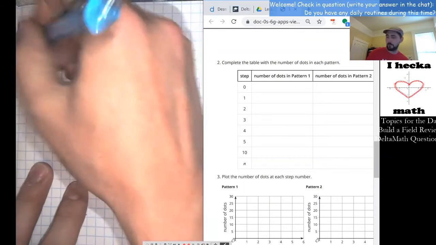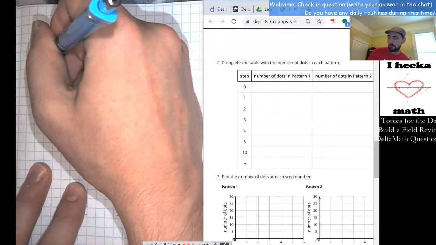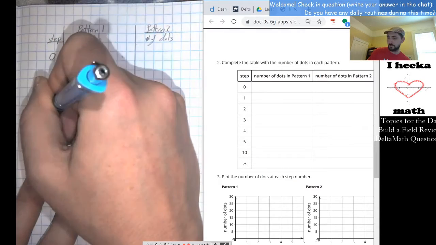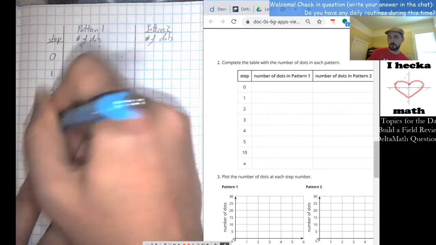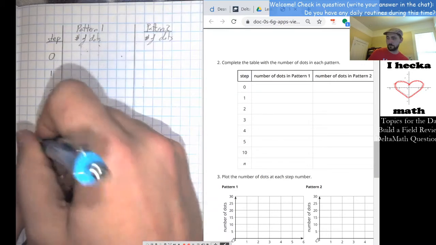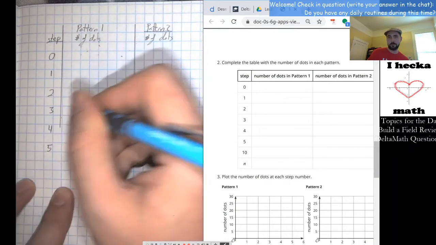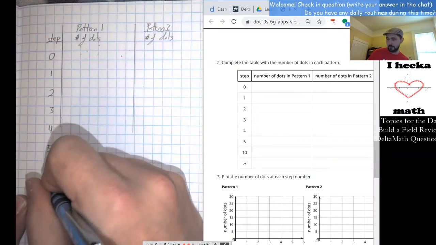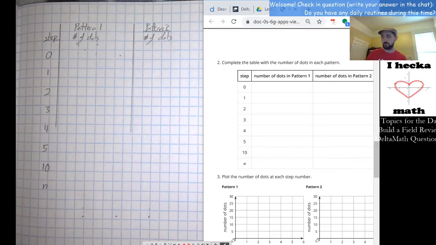Alright, step 0, step 1, step 2, step 3, step 4, step 5, oh, and it jumps to step 10, and then step N.